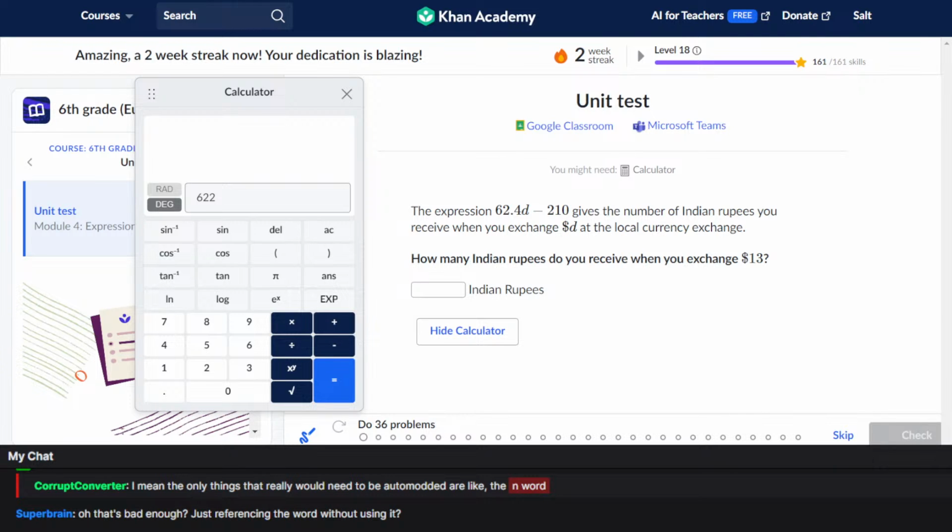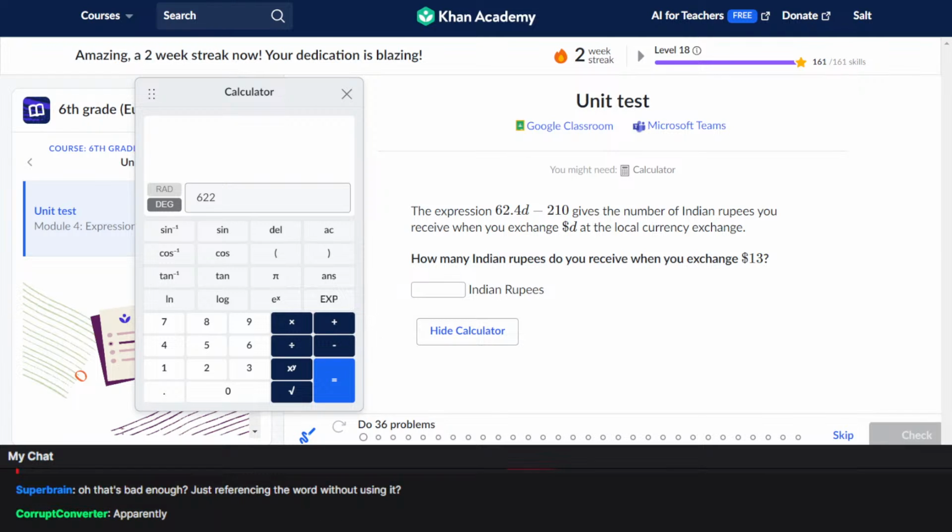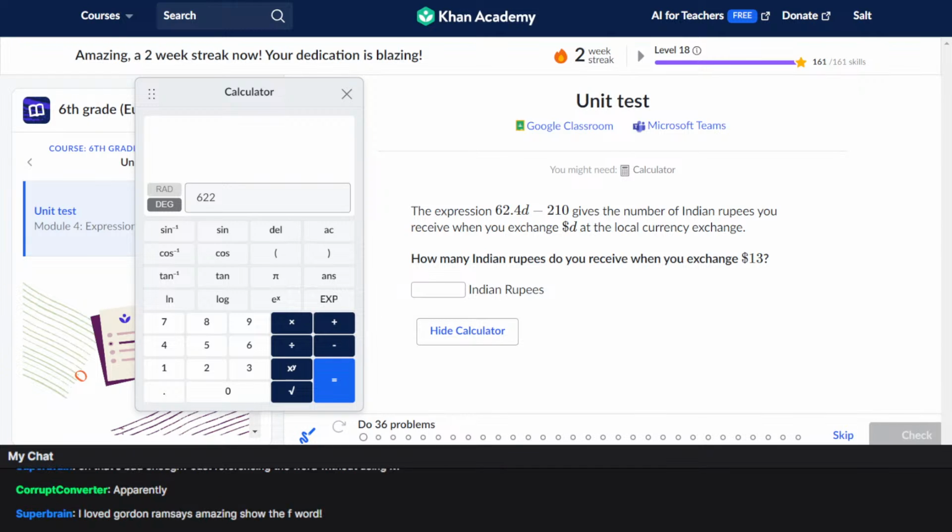Yeah, you're kind of right. Well, Automod usually says, oh, that's bad enough, just referencing the word without using it. Automod usually works correctly, but it's not working right now. Like the allow and deny is obviously not working, but I'm trying to figure out how to turn it off, by the way.